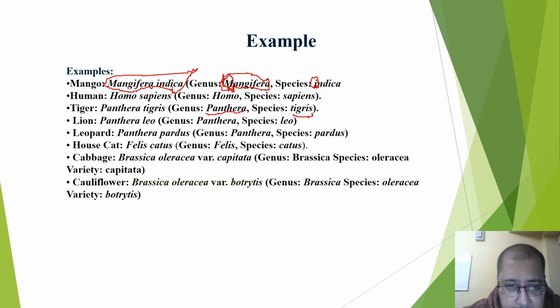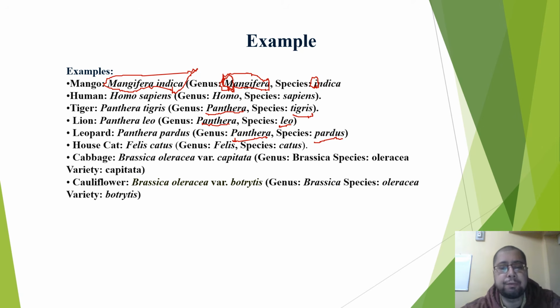That of lion is also Panthera because they belong to the same genus. But the species name is different. That is leo. Similarly, for leopard, it's Panthera pardus. The genus name is the same once again, Panthera, but the species name is different, the pardus.